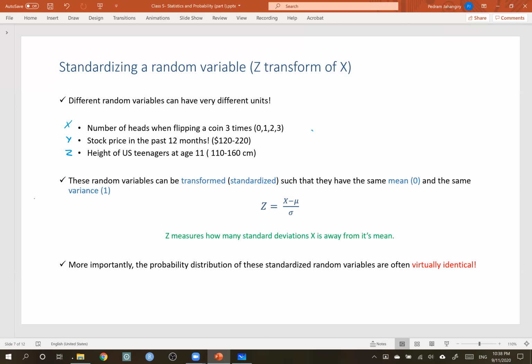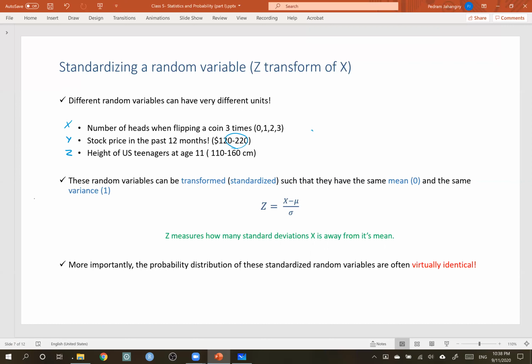X is the number of heads when flipping a coin 3 times. What is the unit? 0, 1, 2, 3, right? Y is the stock price in the past 12 months. What is the unit? Dollars. 120, 220, it can be anything. These are just simple examples. And let's say Z is the height of US teenagers at age 11.